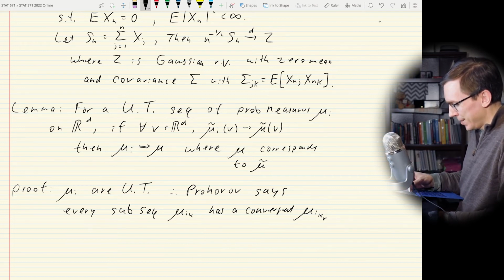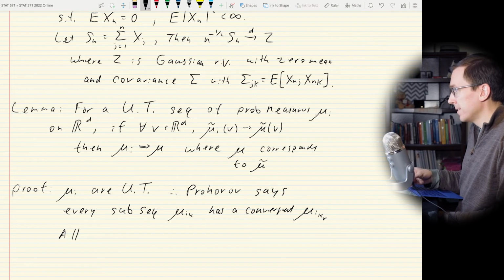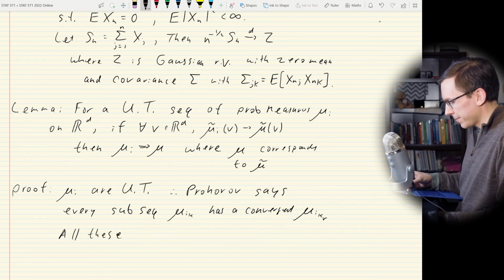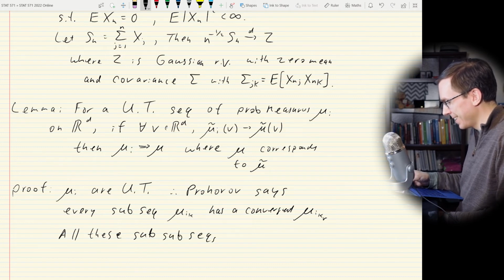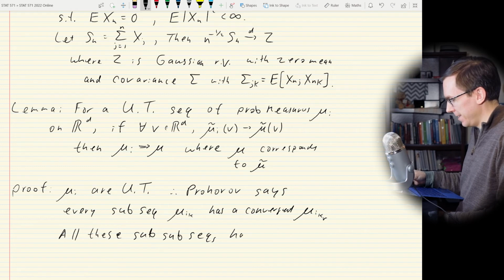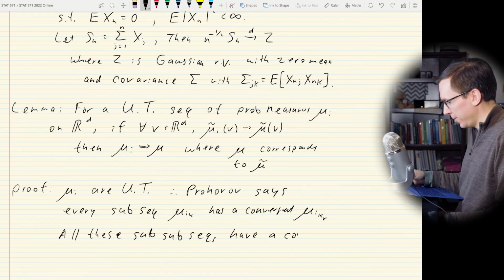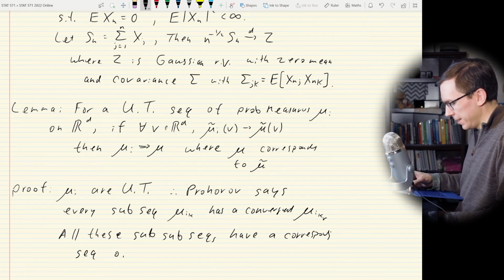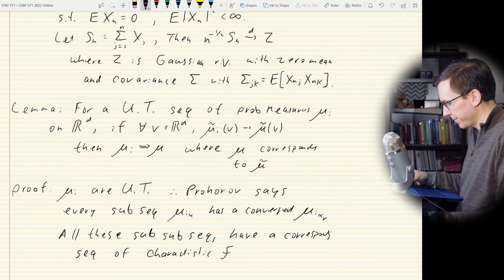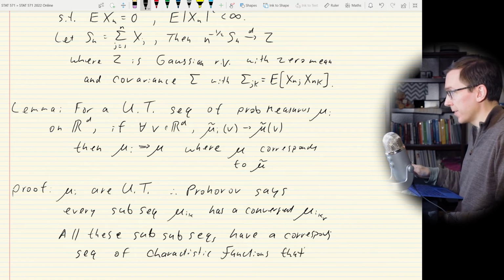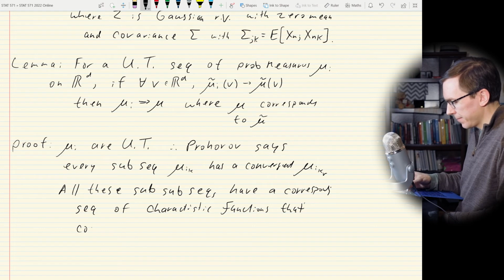So what does that tell us? Well, all these subsequences have a corresponding sequence of characteristic functions that converge to mu tilde.